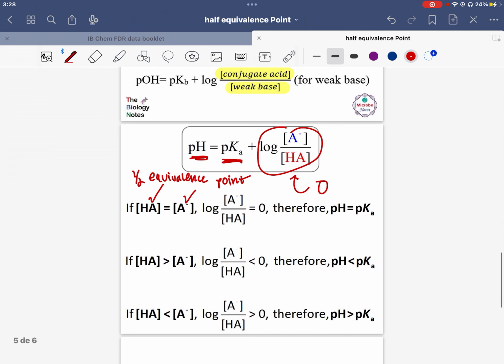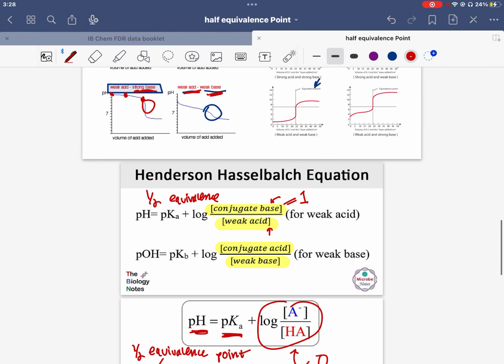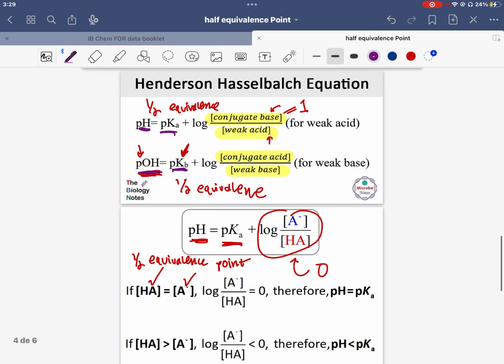If you have a weak acid or weak base, we can also look at this equation. The pOH will be equal to the pKb at the half equivalence point. So at half equivalence, regardless of what situation you have, acids, bases, whatever, at half equivalence, pH is equal to pKa, pOH is equal to pKb.